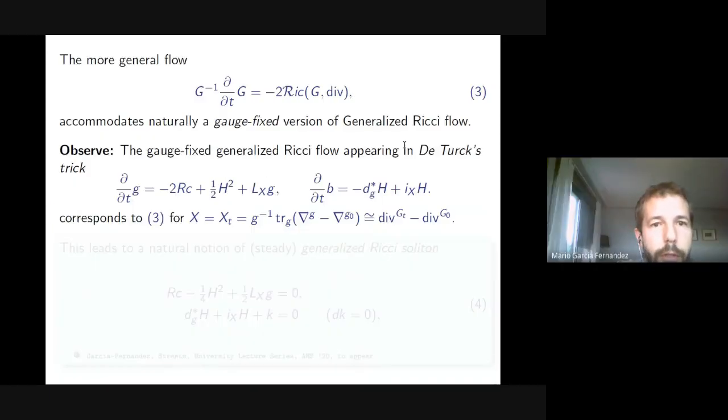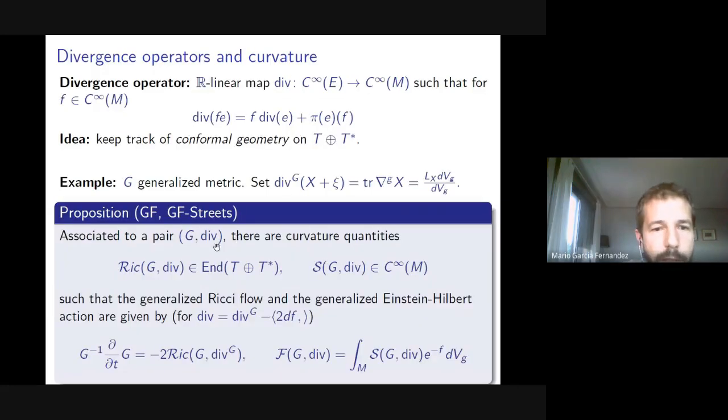So we have this other quantity, this Ricci, depending on a Riemannian generalized metric and a divergence operator. What if we modify this generalized Ricci flow equation, which depends on the Riemannian divergence, by putting in an arbitrary divergence? What is the meaning of this?